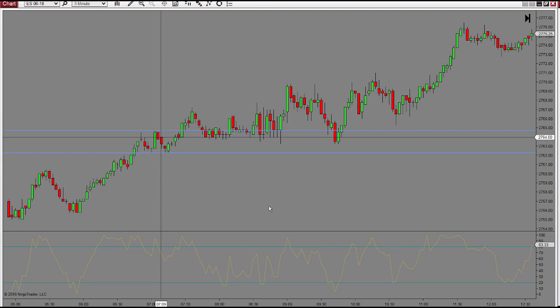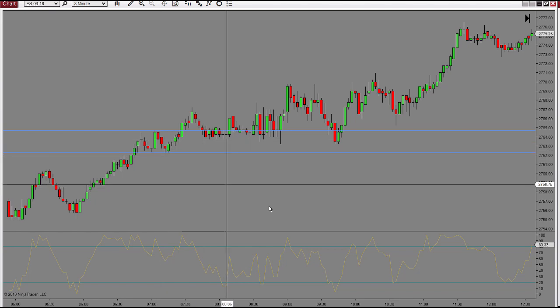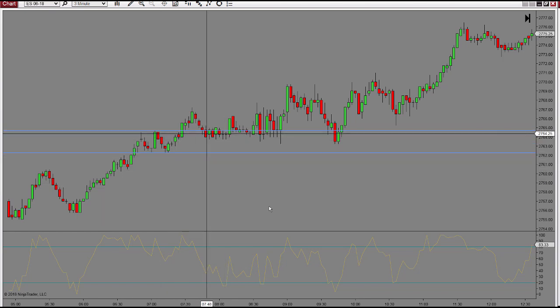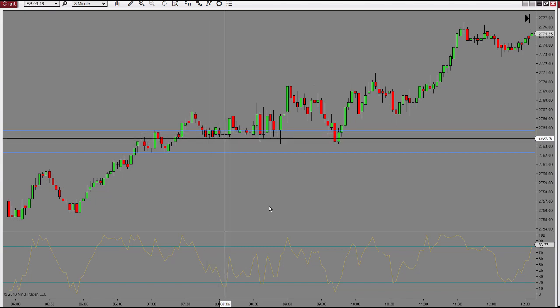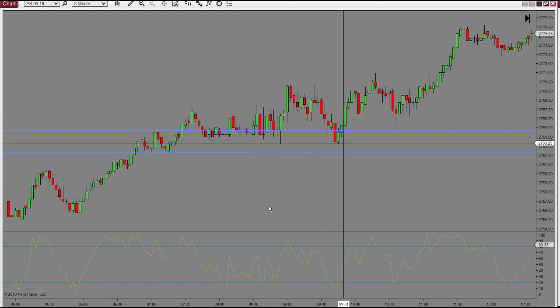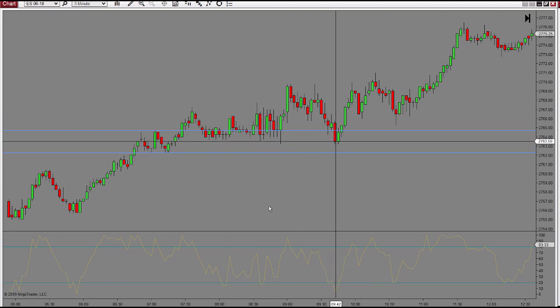So I've got a bullish trend. I'm at a buy zone. If I can get my stochastic to be oversold, I want to start looking to be a buyer. It happens right here. It happens right here. And then again right here.